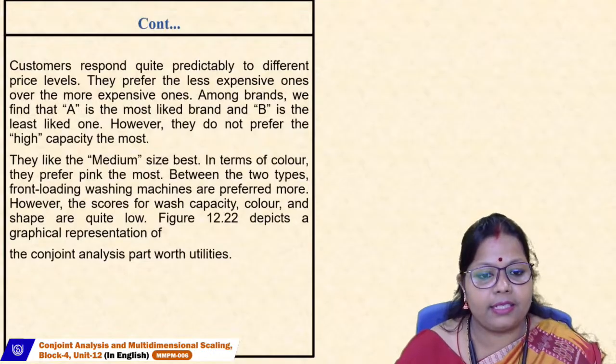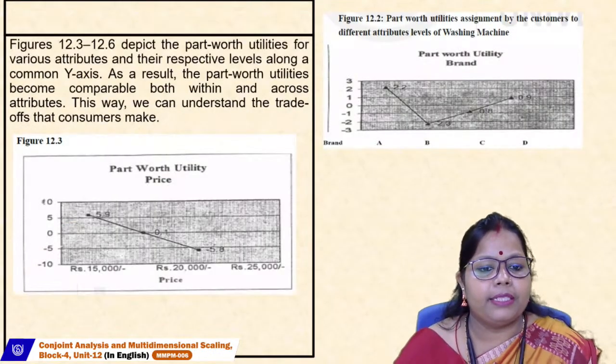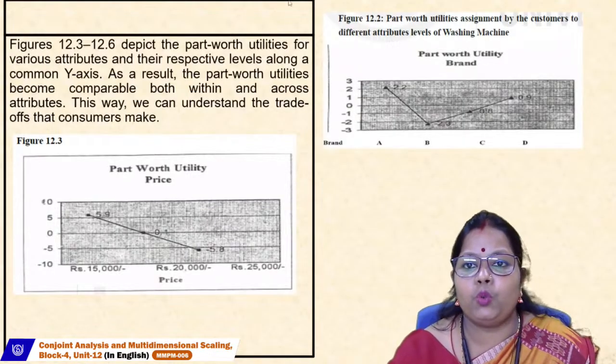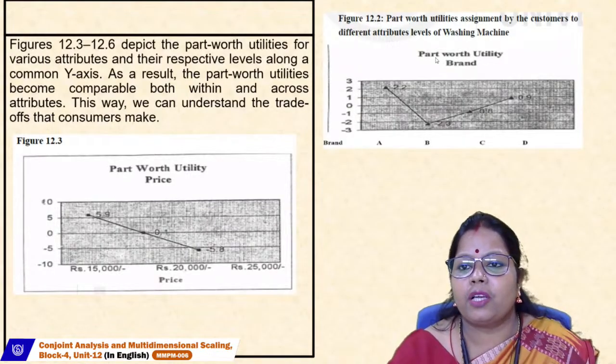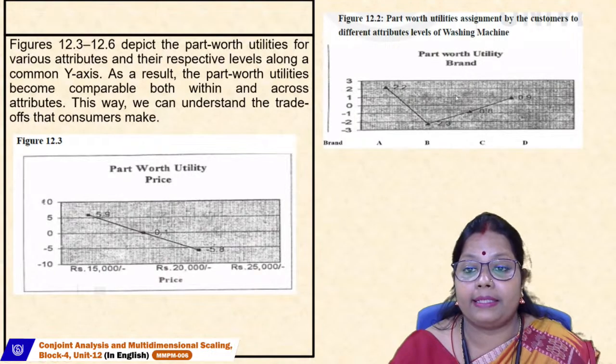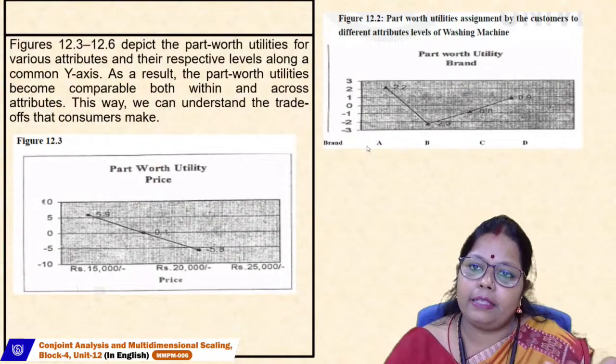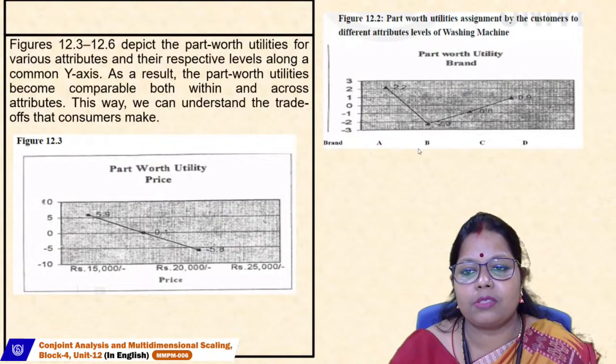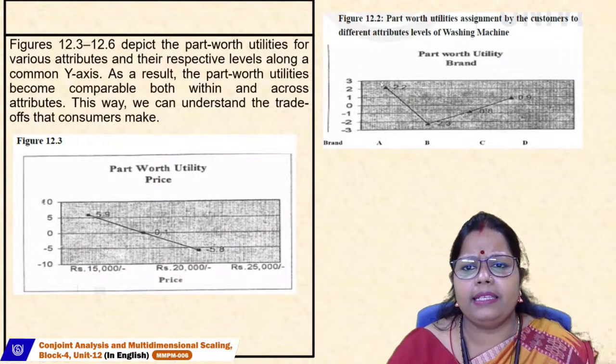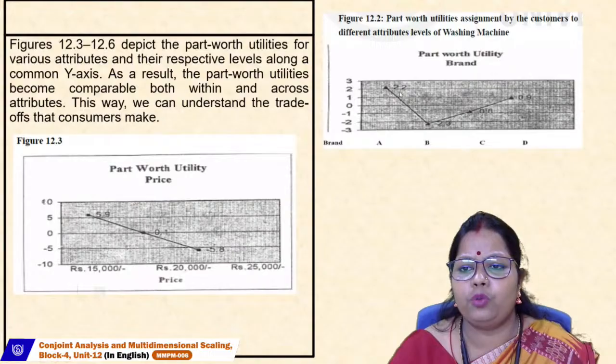But we can see here in the 12.2 table, 12.2 says part worth utility of brand. If we remember, we have four brands: A, B, C, and D. Brand A has 2.2, which is the highest, and brand B is minus 2.3, which is negative.